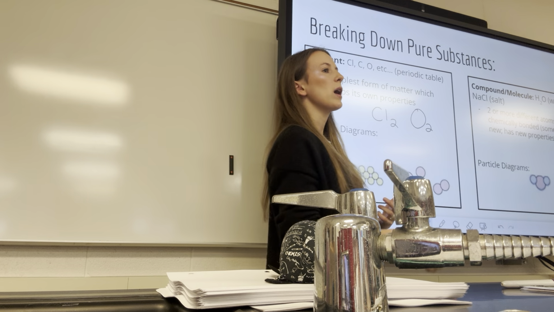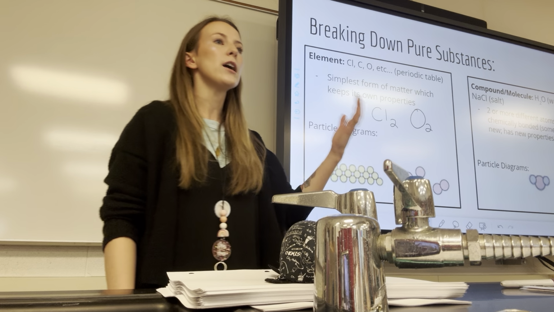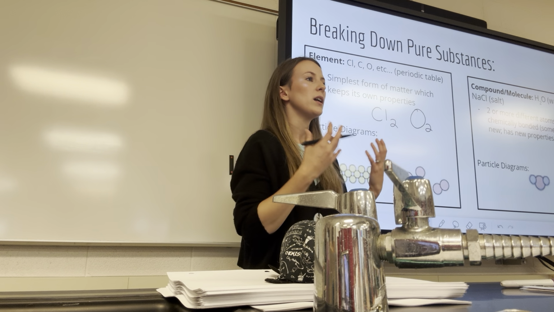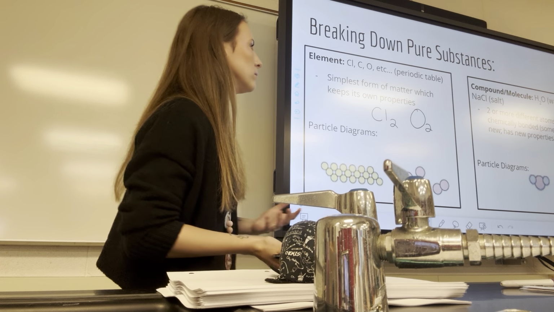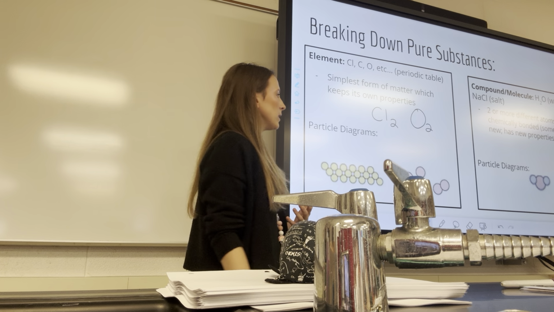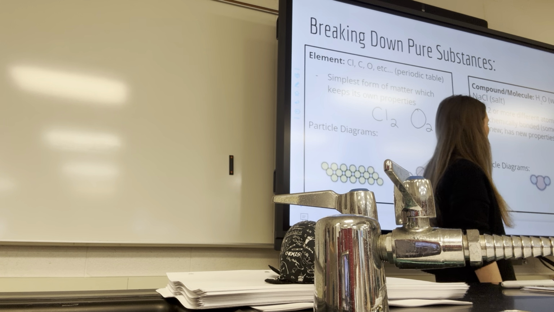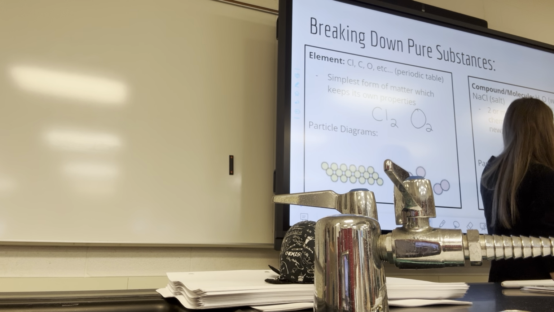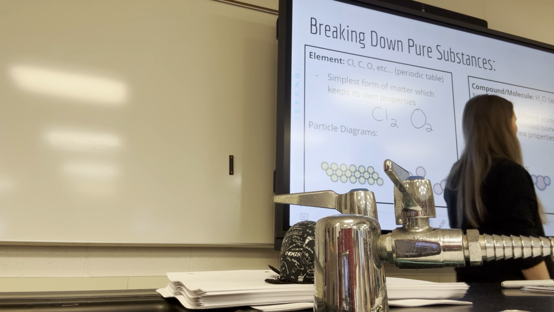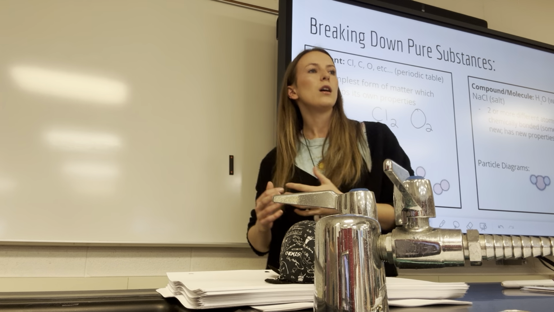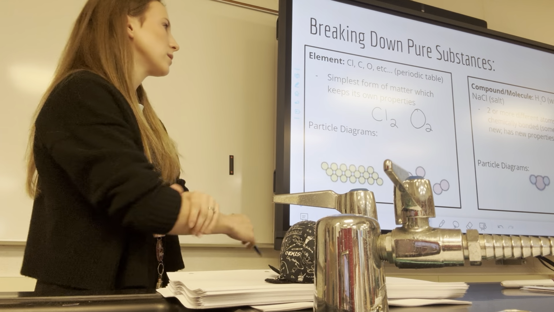They have new properties. So putting hydrogen and oxygen together is making a new substance of water. If you want to look at our particle diagrams here, you can see that we have a bigger particle with two smaller ones, showing that bonding of two different atoms.